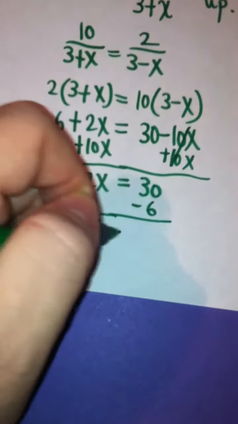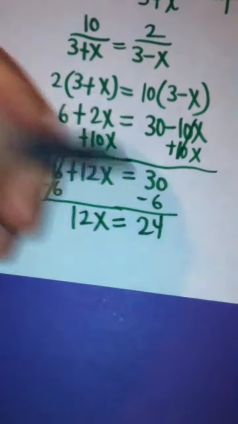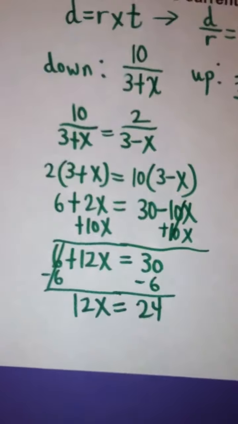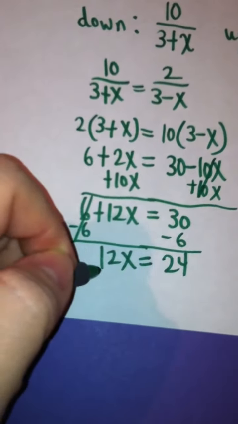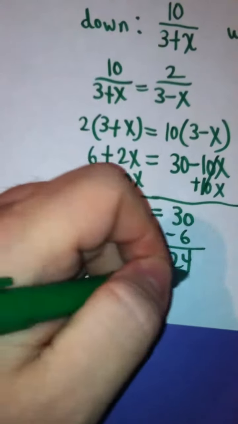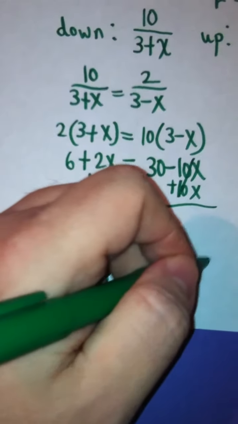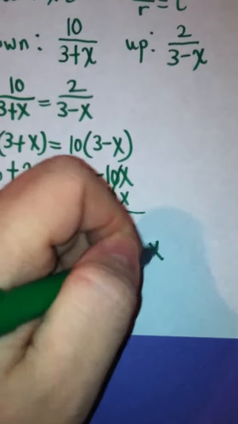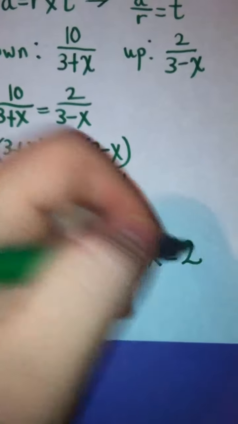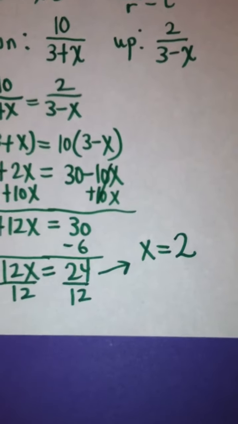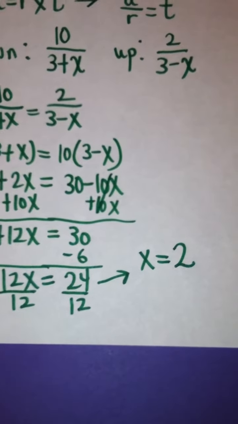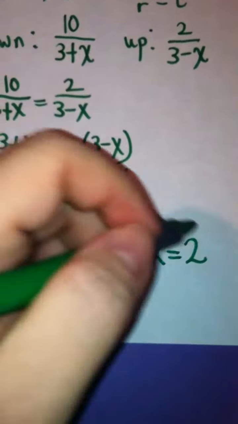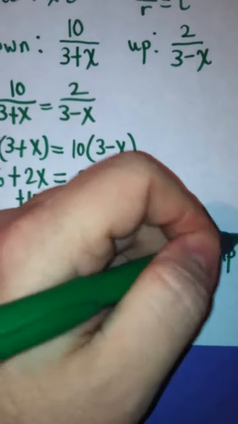So we have 12x equal to 24. The last step, divide both sides by 12, giving us x equal to 2. Therefore, the rate of the water's current is 2 miles per hour.